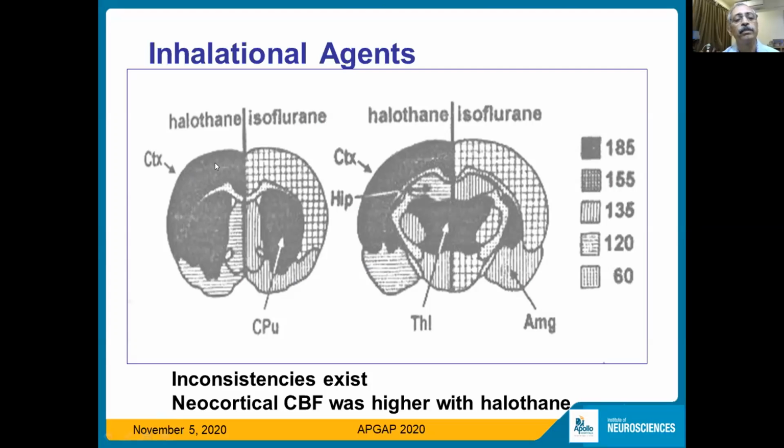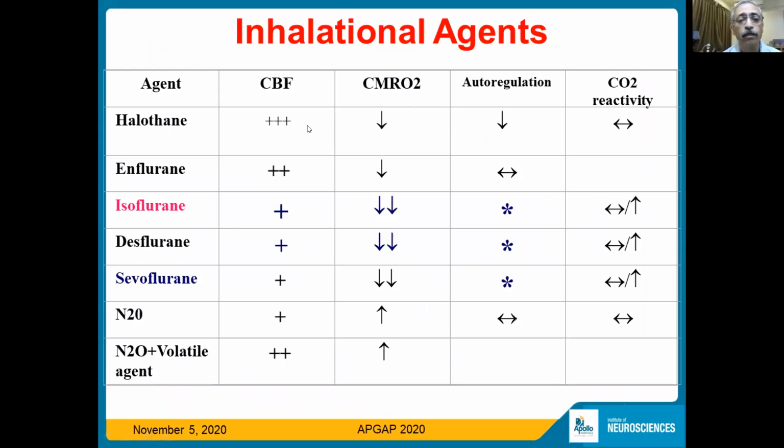This is a table most of you are familiar with, which says that most inhalation agents increase cerebral blood flow because of their effect on cerebral vasodilation, and reduce CMRO2. Based on the degree of reduction in CMRO2, the effect is seen on the ICP.